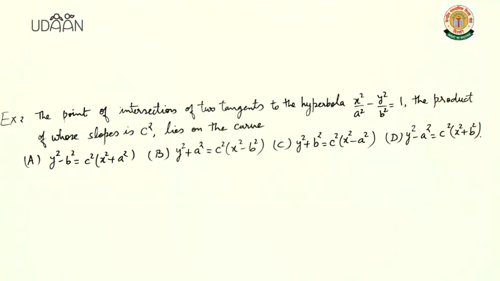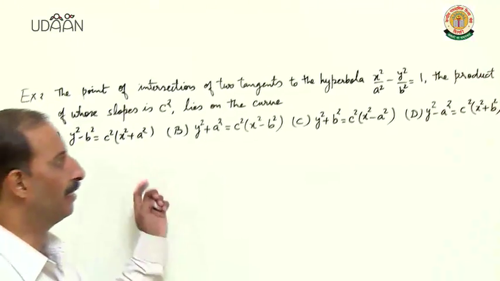In this question, the point of intersection of two tangents to the hyperbola x square upon a square minus y square upon b square is equal to 1, the product of whose slopes is c square, lies on the curve. It means we have to find out the locus of the point of intersection of two tangents.